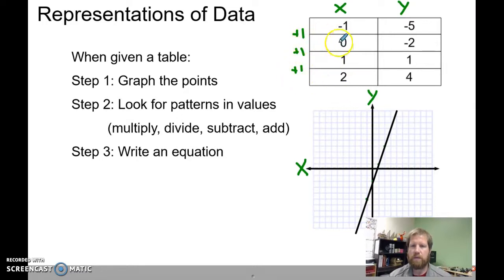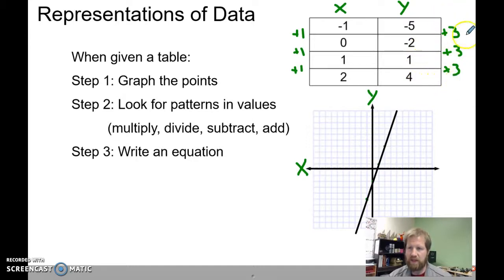Each time I'm increasing by 1, and each time I increase my x by 1, I increase my y, in this case, by 3. -5 plus a +3 is -2. -2 plus 3 is a +1. And of course 1 plus 3 is 4.